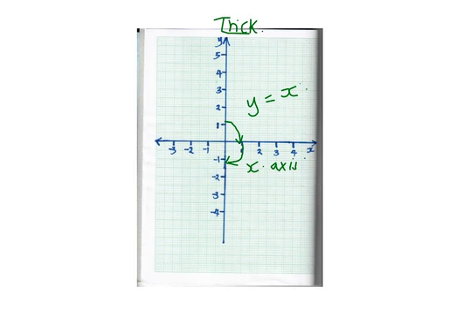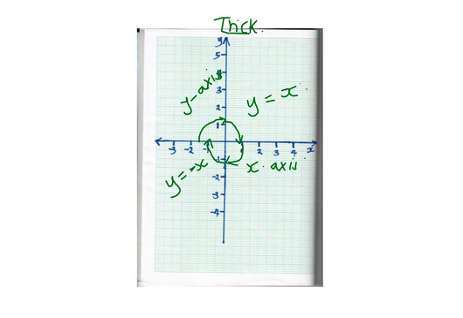Right opposite the first quadrant we will have y equals -x as the mirror line, and on this quadrant we will have the y-axis. We should be moving in the clockwise direction.